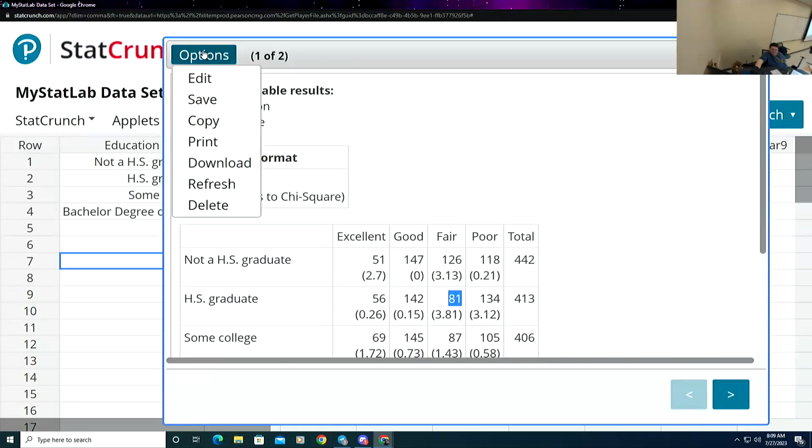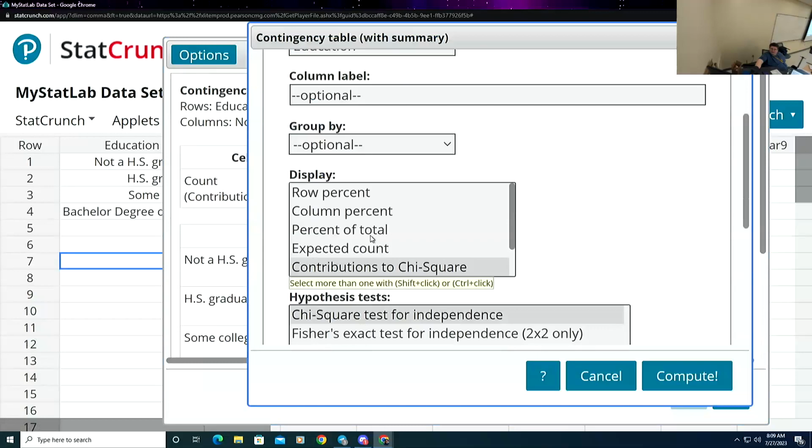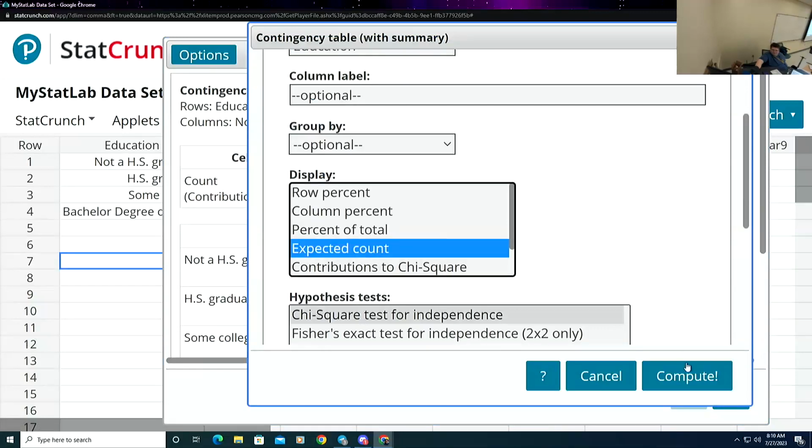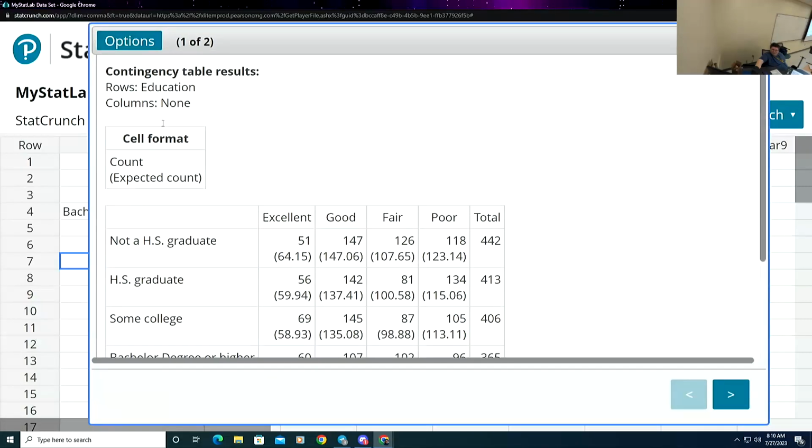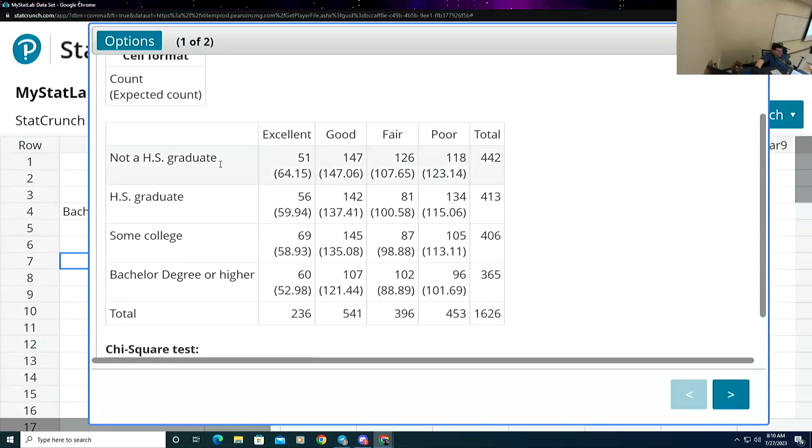Another way of doing it is to look at expected count. Expected count will go through and do the math and show you what it should look like. And you can eyeball it and go, is it really close? I think the contributions one actually points out which ones do the most damage.